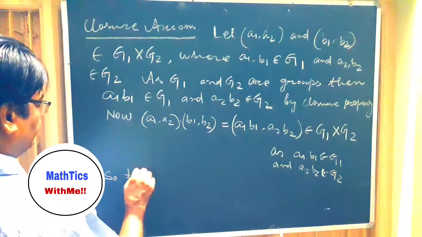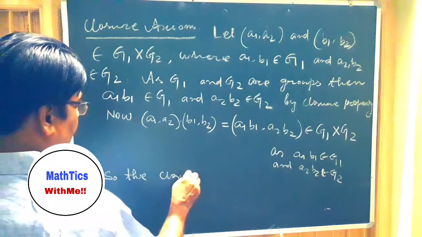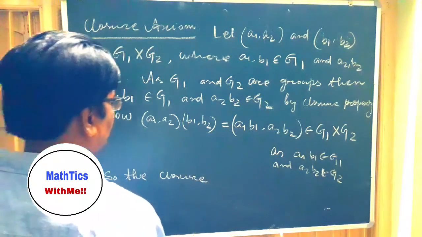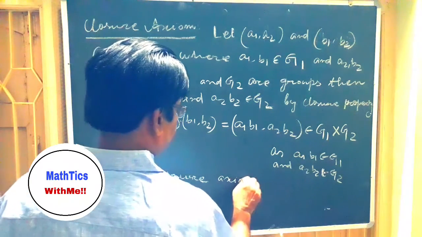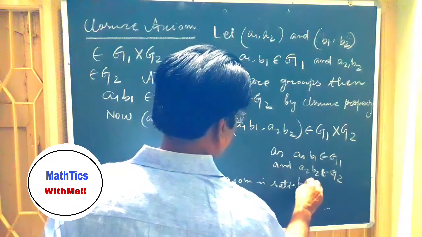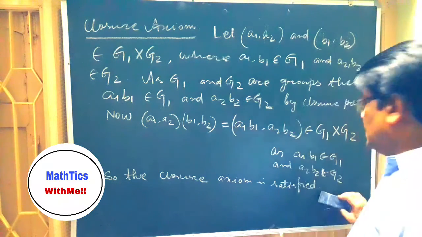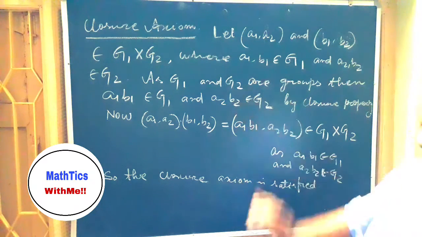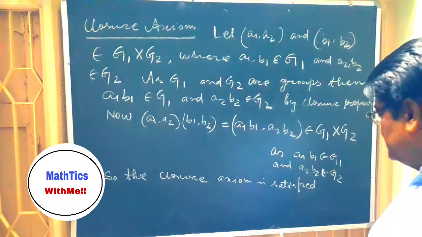So now we have proved the closure property for G1 cross G2.